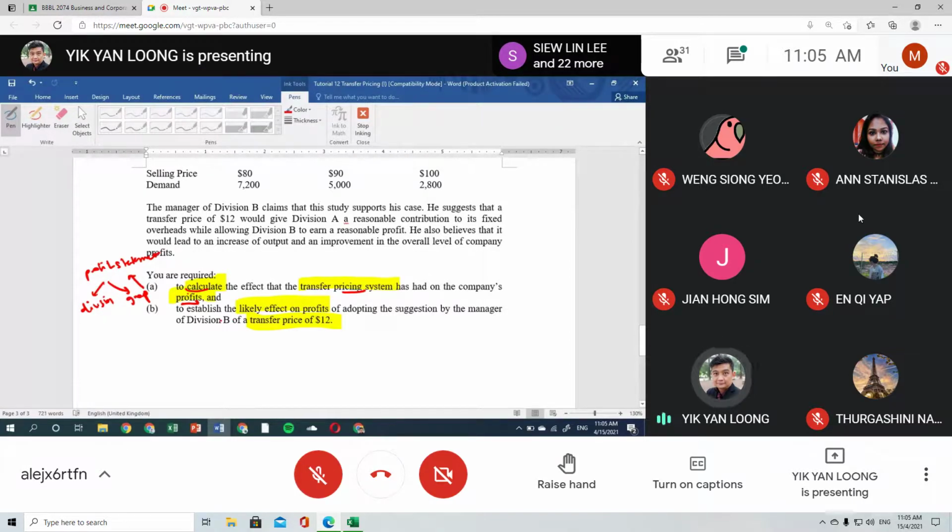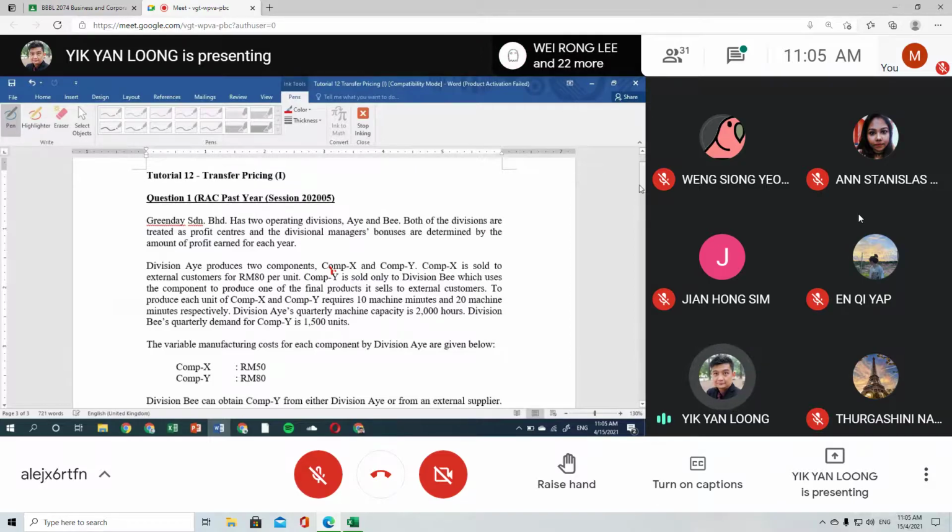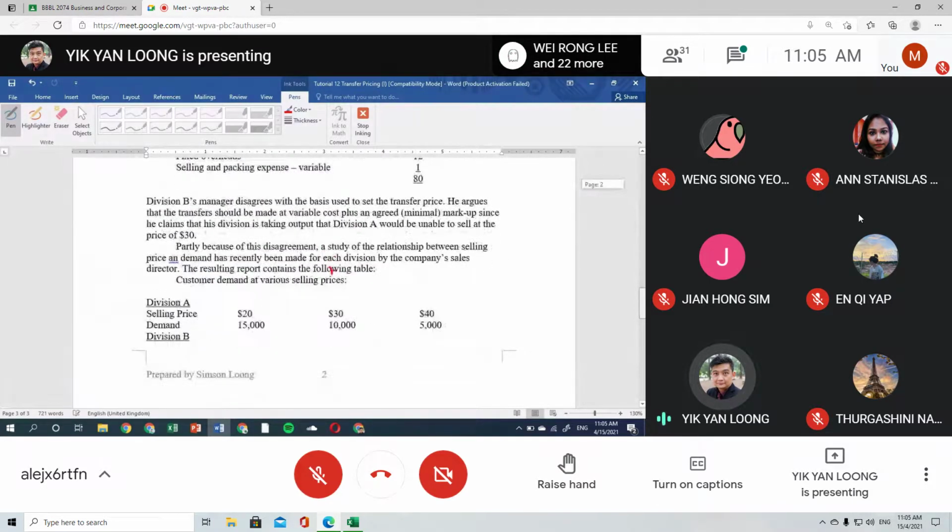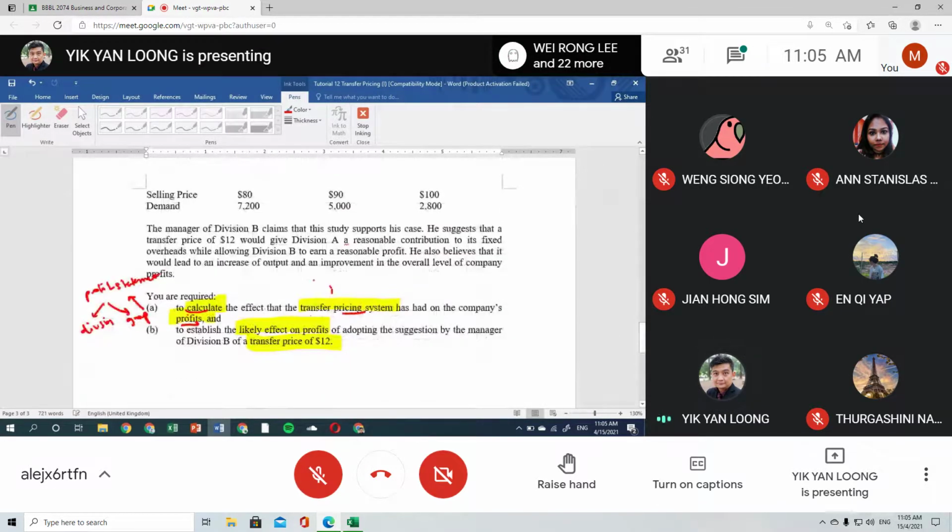From part B itself, you know that in part A the existing transfer price is inappropriate, and that is why you need to see whether this 12 will be more appropriate. That is the question.